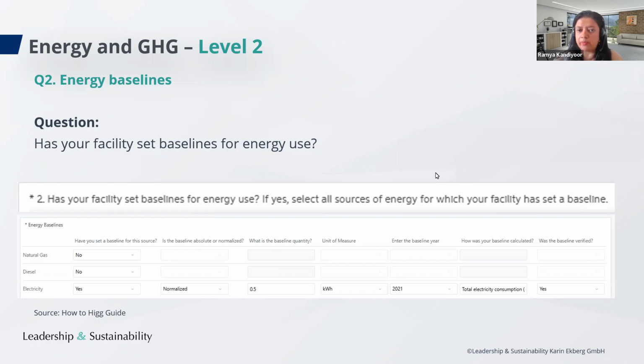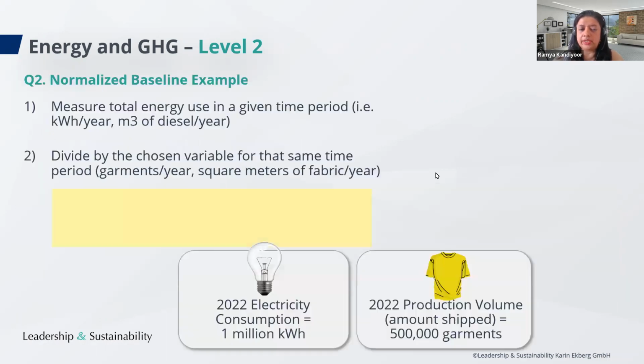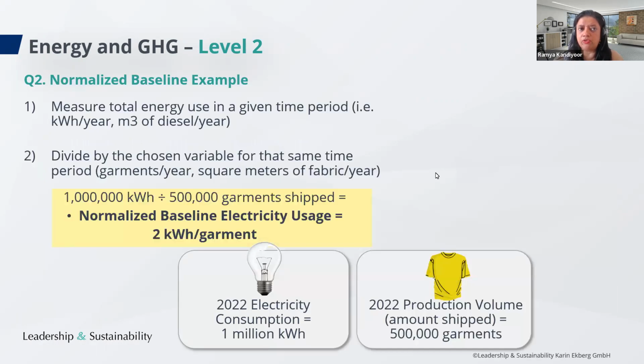And how was your baseline calculated is the next question. Here you will have to report on whether you have normalized it with regard to the production that you have done. Again, you also need to report whether the baseline is verified. Here it's again a yes or a no. If it has been verified previously, then you can report it as a yes. If not, it should be a no. And here we give you an example of a normalized baseline.